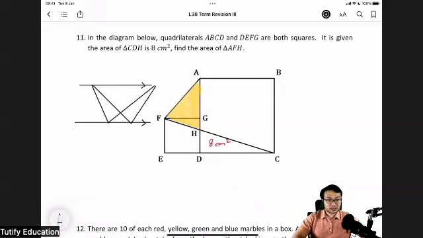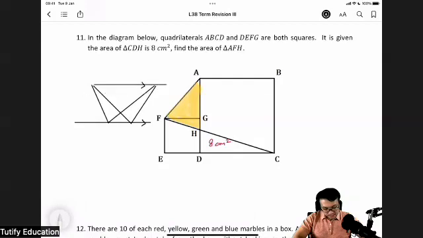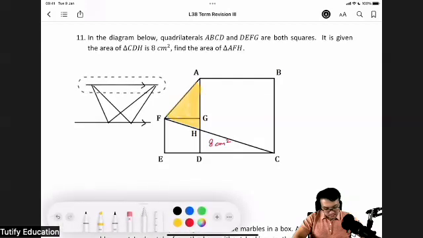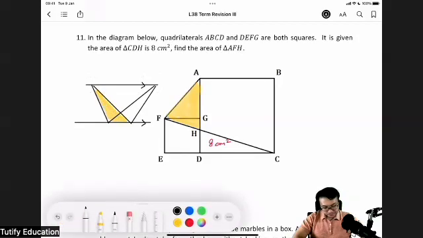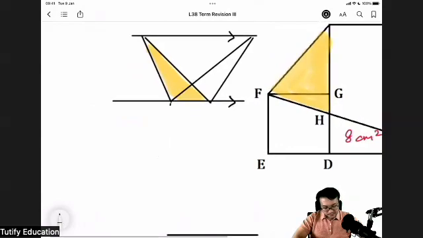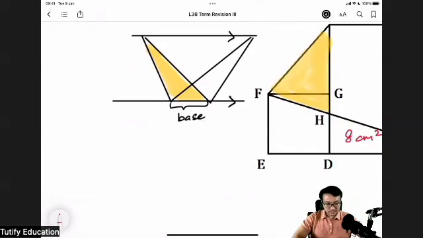Jinsen, looking at these two triangles, let's say that this is the yellow triangle. This is the base of the yellow triangle. And where is the height? Do you know where the height of the yellow triangle is? 90 degrees, right? Yes.